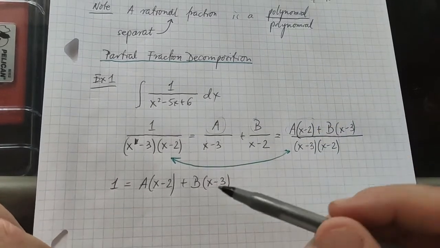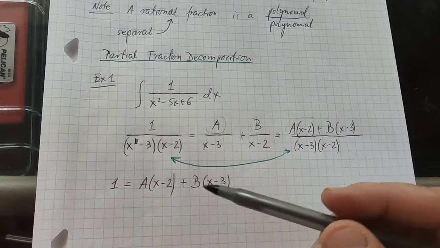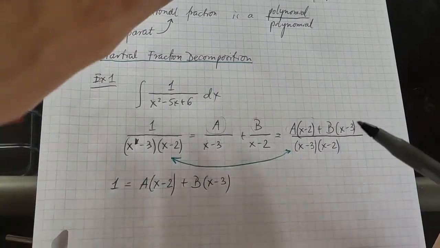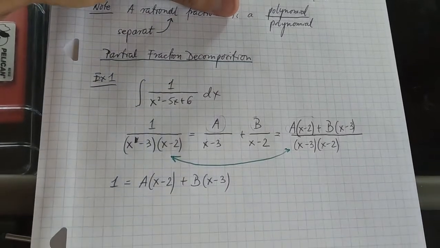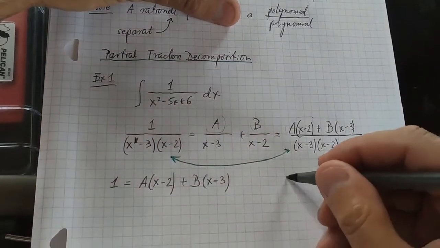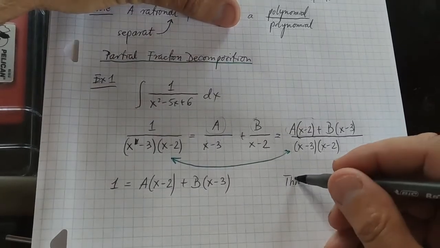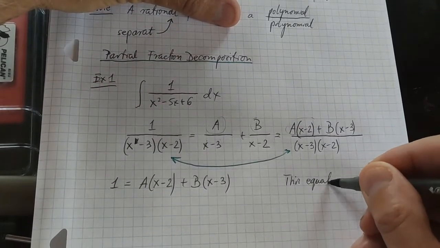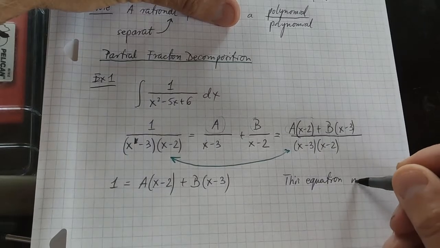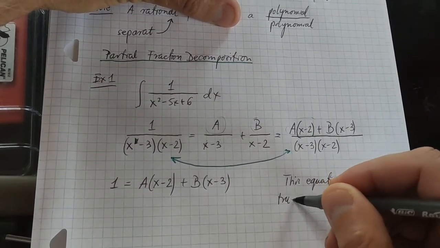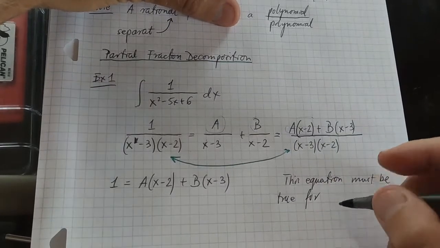Now you see I have one equation and three unknowns, so it looks pretty difficult, but we're going to use one fact. This equation must be true for all x's.